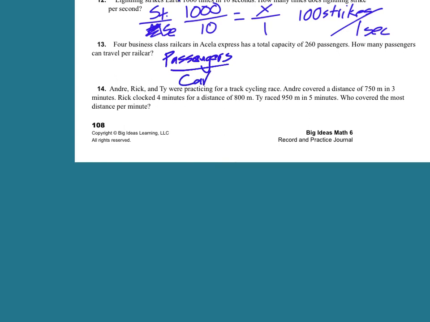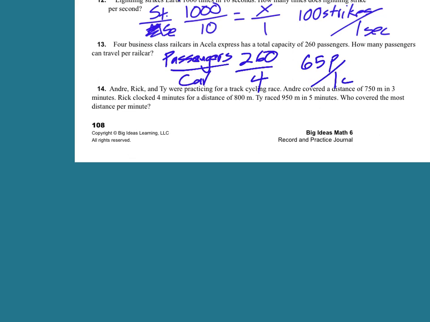I know that I have 260 and there are 4 cars. So I'm just going to divide. 260 divided by 4, I get 65. So I have 65 passengers per 1 car.